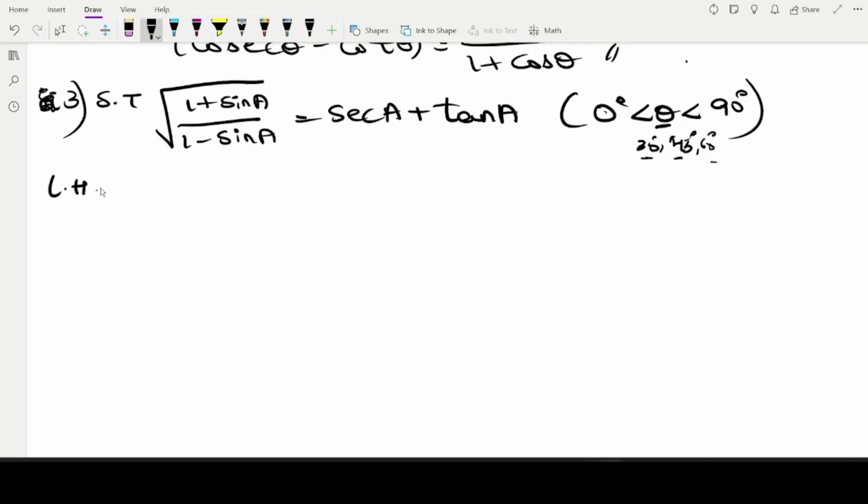Let me take the LHS. The LHS is square root of (1 plus sin A) divided by (1 minus sin A). So we use one thing, which we call rationalization.